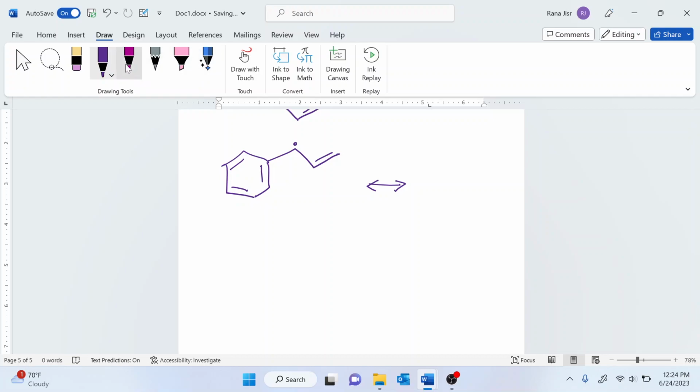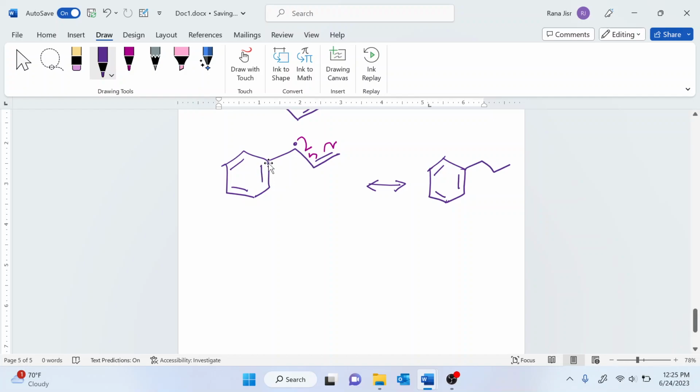So over here, I'm going to start my resonance. This carbon is going to be an allylic carbon and the benzylic carbon at the same time. And you're going to end up having one resonance structure in this case. Again, the double bonds of the benzene are very stable because they are conjugated.